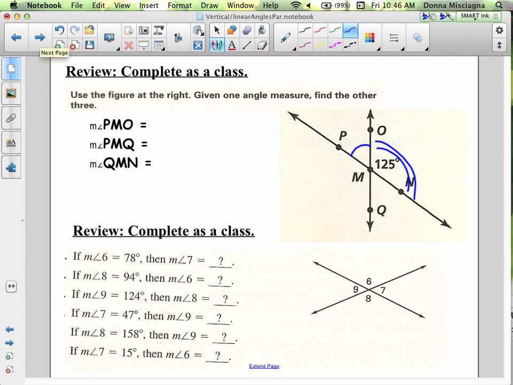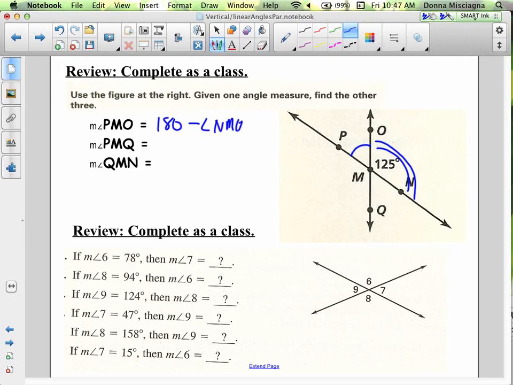Because they're formed by two intersecting lines. So together, angle NMO plus angle PMO, we're going to add up to 180 degrees. So I'm going to write it like this. So angle PMO is just going to be equal to 180 degrees minus angle NMO.